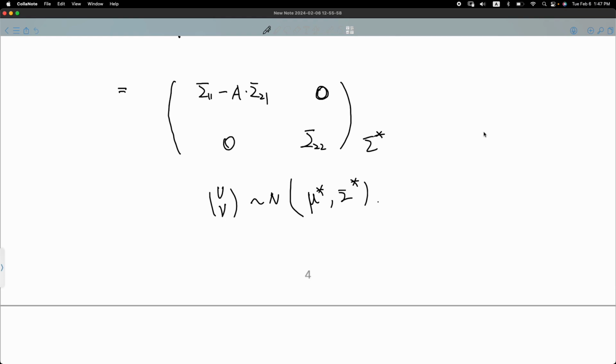For part B, show that Q1 conditional on Q2 follows that. For the conditional one, you just need to plug in the corresponding component to the formula and make the substitution for A, sigma 22 and sigma 12. Then you will have the final answer for the mean and the variance.